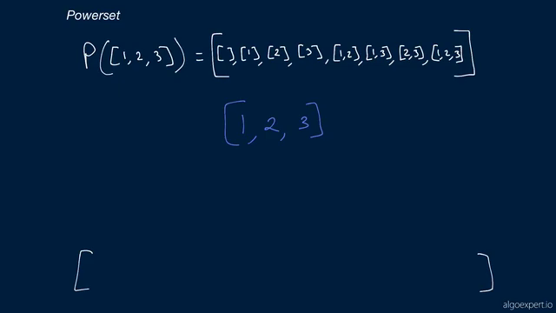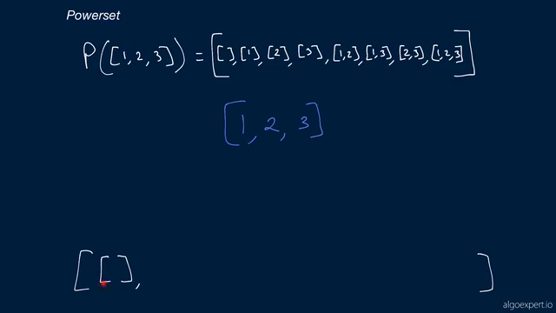But does it have to start out empty? Can you actually put a value in there right off the bat? And the answer is yes, you can. You can actually immediately put the empty set because you know that for any set that you're given, the power set at the end is going to have the empty set. That's just part of the definition.